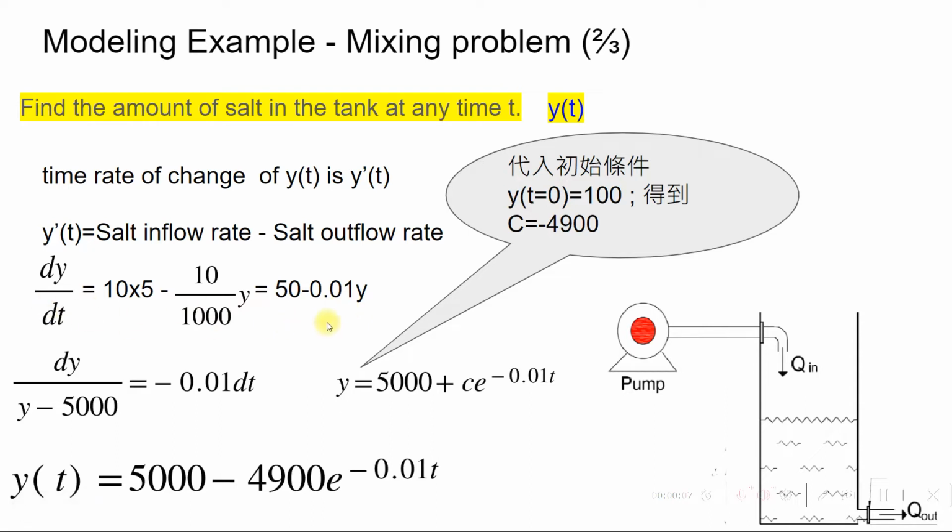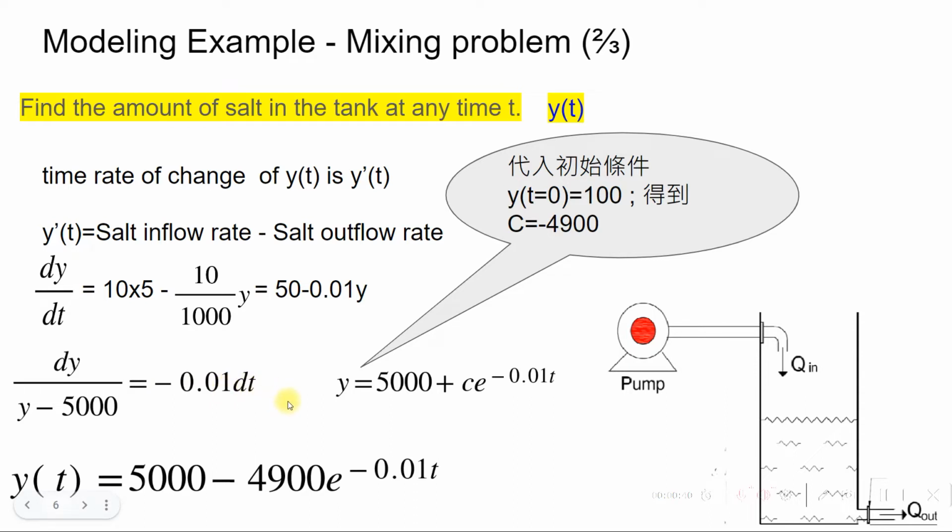So let's move on to solve for y. With some proper arrangement, we can make this ODE into this one. And this one is what we call a separable ODE, because all the y terms are on the left side and all the t terms on the right side. And not only is it separable, but it also seems solvable.